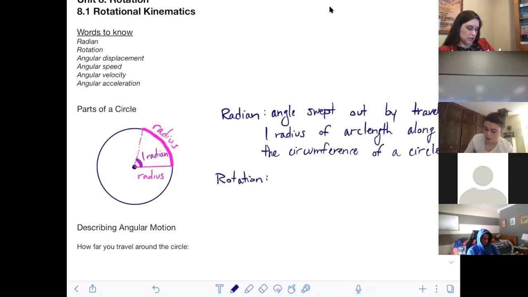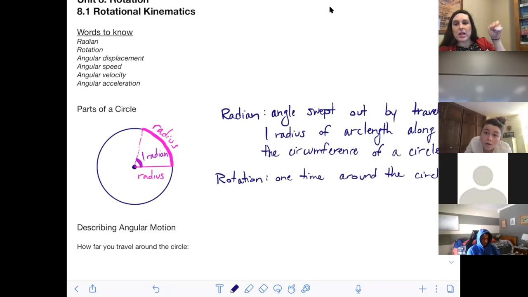A rotation is one time around the circle. So if we travel around our circle once, we have completed one rotation. If we travel around our circle 14 times, we have gone 14 rotations.